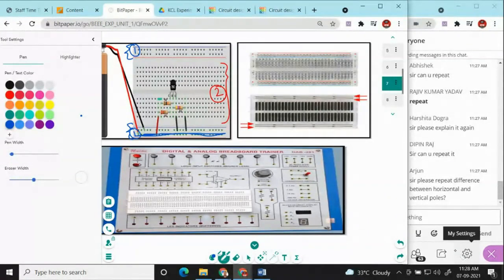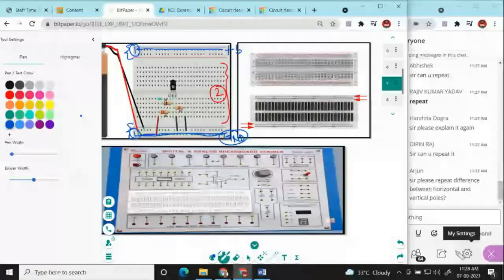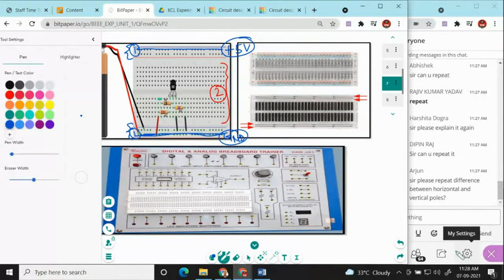That means if I apply, let's suppose, this connection to ground, then all the connections are horizontally grounded. And this is again a horizontal section. If I apply 5 volt to this connection, then these horizontal connections are connected with plus 5 volt.